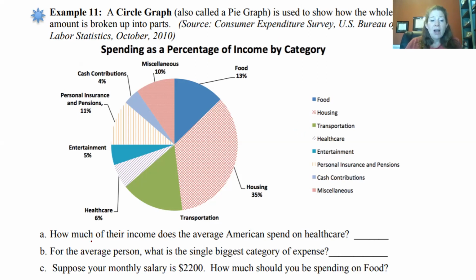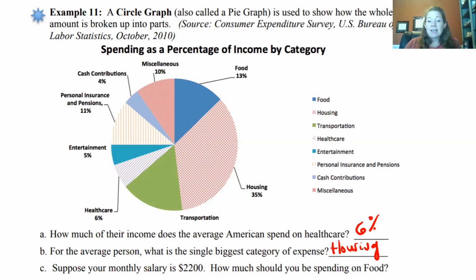So for letter A, all we can do is answer this question as a percentage. They're not asking how much money is spent on healthcare because we don't know the total amount of money this is based on, but we know that on average, Americans spend 6% of their income, whatever it is, on healthcare. Letter B, for the average person, what is the single biggest category of expense? Well, obviously that's the biggest sector of our pie graph, which is going to be housing.